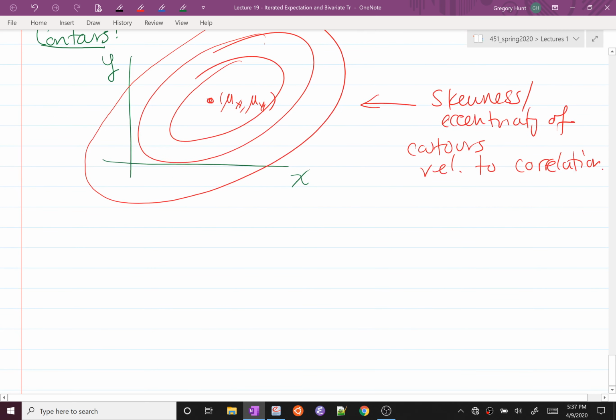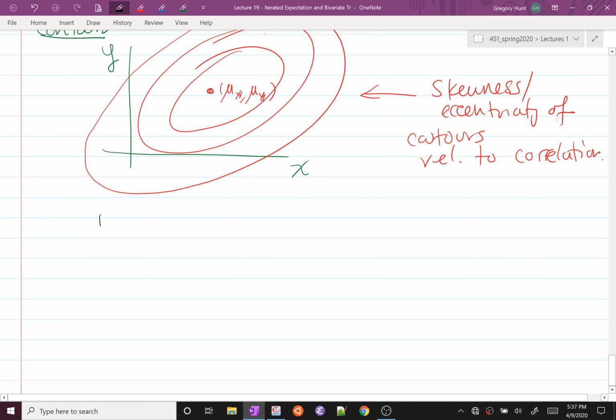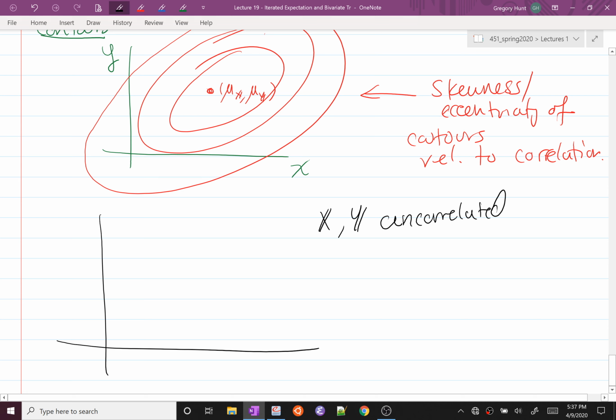So, in particular, if x and y, my two components, are uncorrelated, I'm going to get circular contours that look like this.